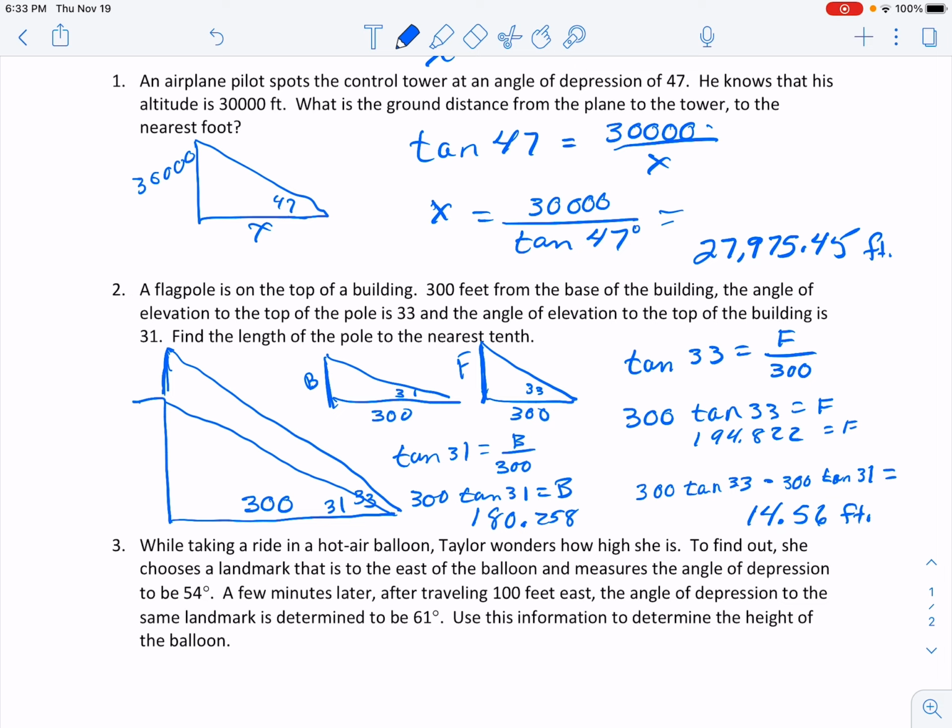What would we get with our rounded numbers? 194.822 minus 180.258, and I got 14.564. Pretty much the same. But it's always safe. This is not a bad option, y'all, because then you don't have a rounding error.